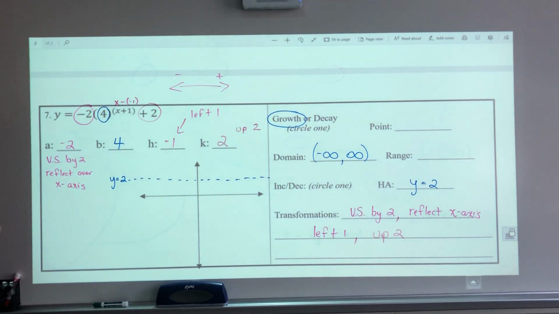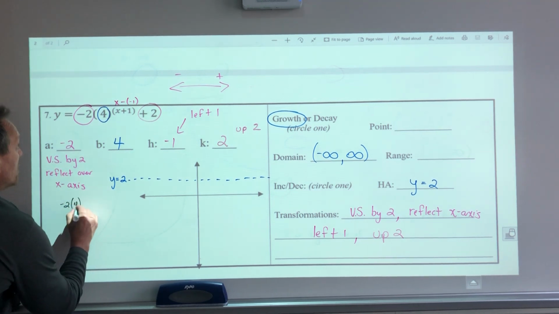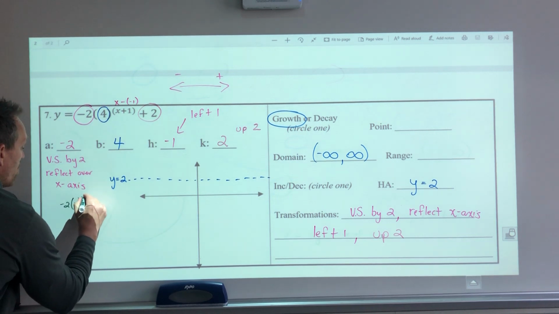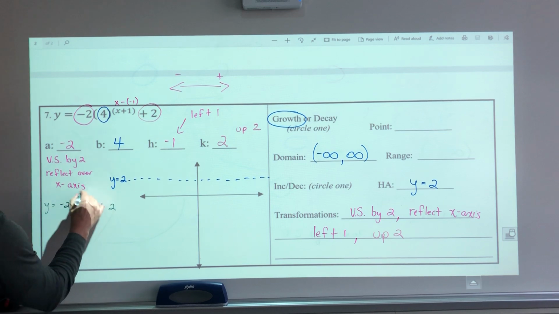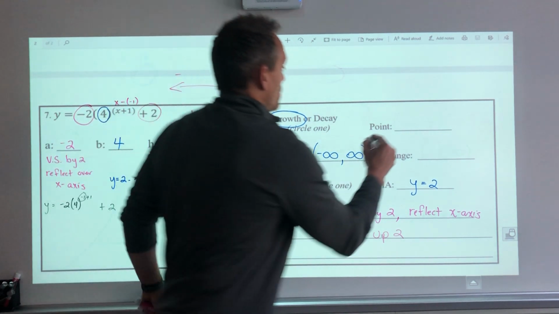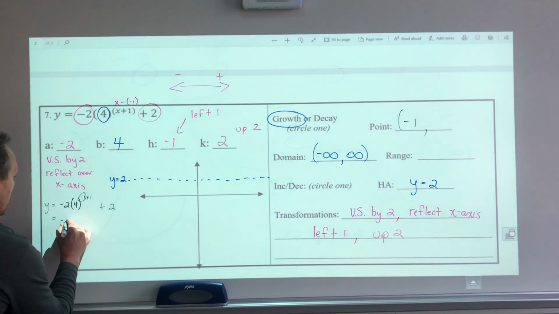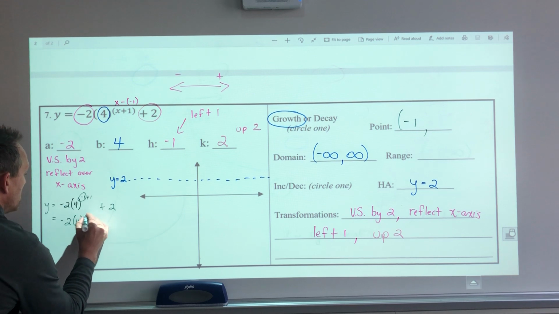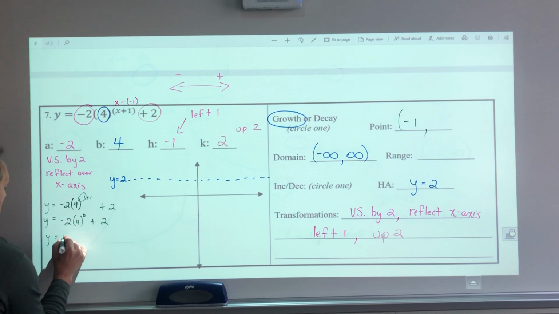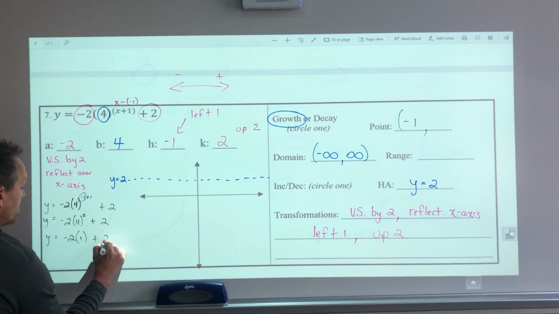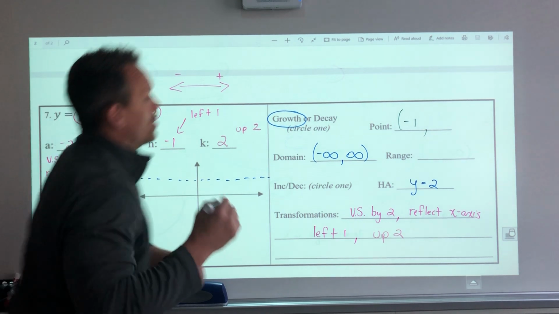So now let's do our point. Okay? So if our point is at -2, 4, and I'm just going to do x minus, so I'm going to do 1 plus 2. So when x is -1, y equals -2 times 4 to 0 plus 2, equals -2 times 1 plus 2, equals -2 plus 2, equals 0.